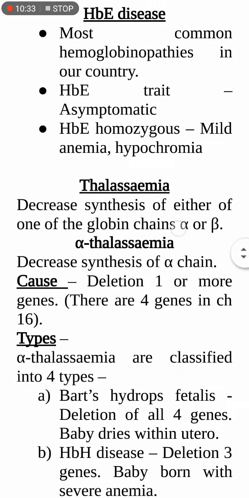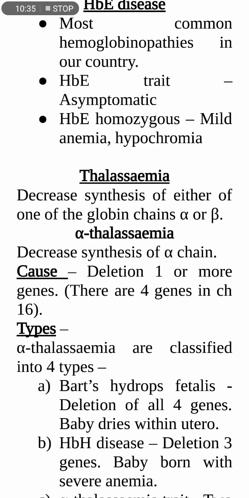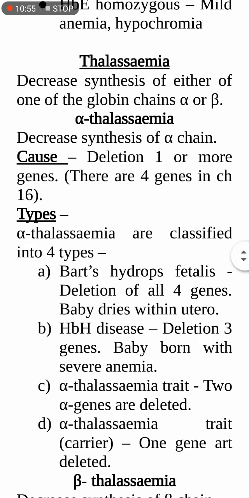Next is thalassemia. It is due to either decreased synthesis of the alpha chain or beta chain. If there is a decreased alpha chain, it is called alpha thalassemia. The cause is deletion of the alpha genes. If all 4 alpha genes, present on chromosome number 16, are deleted, it is called Bart's hydrops fetalis, and the baby dies in utero.